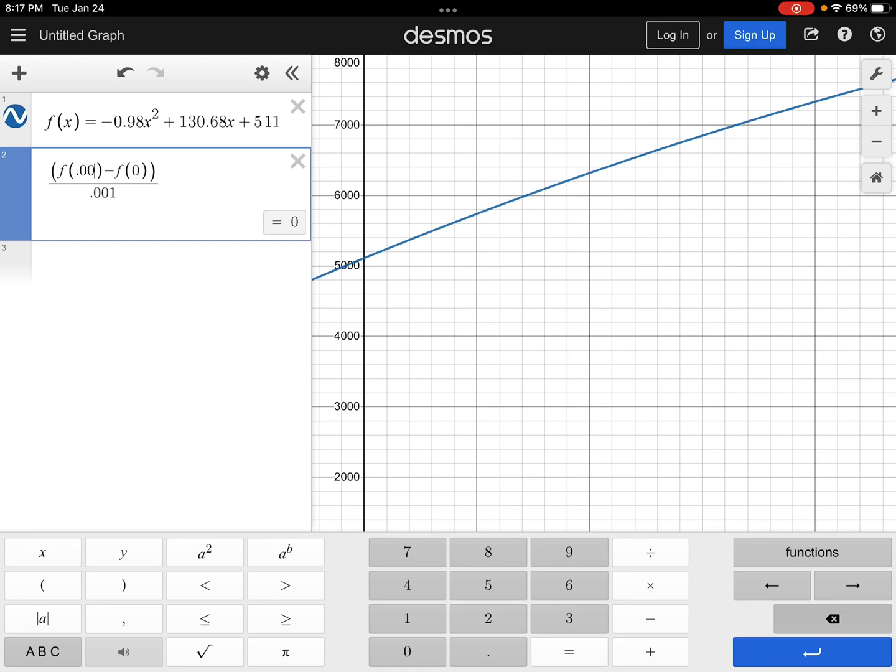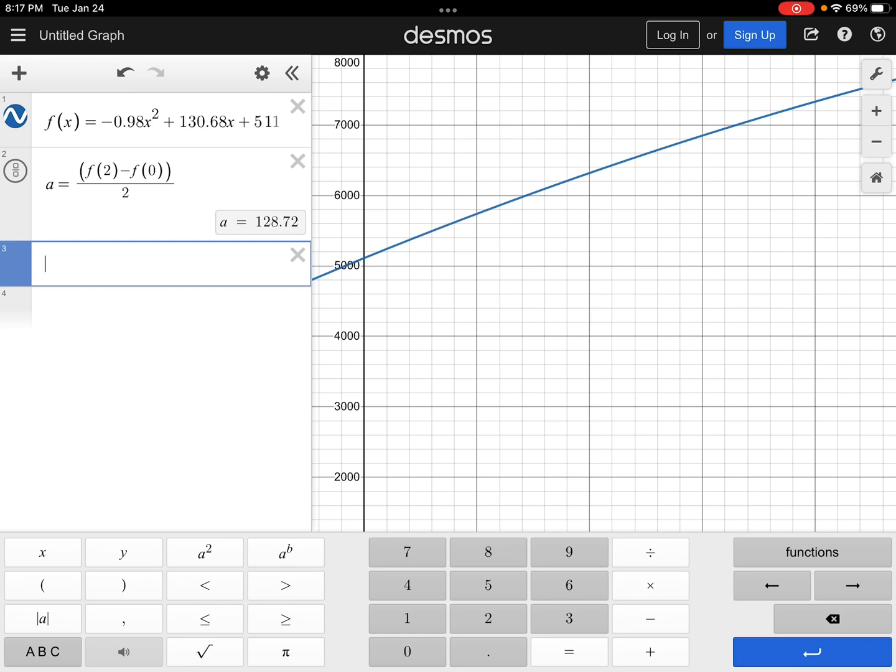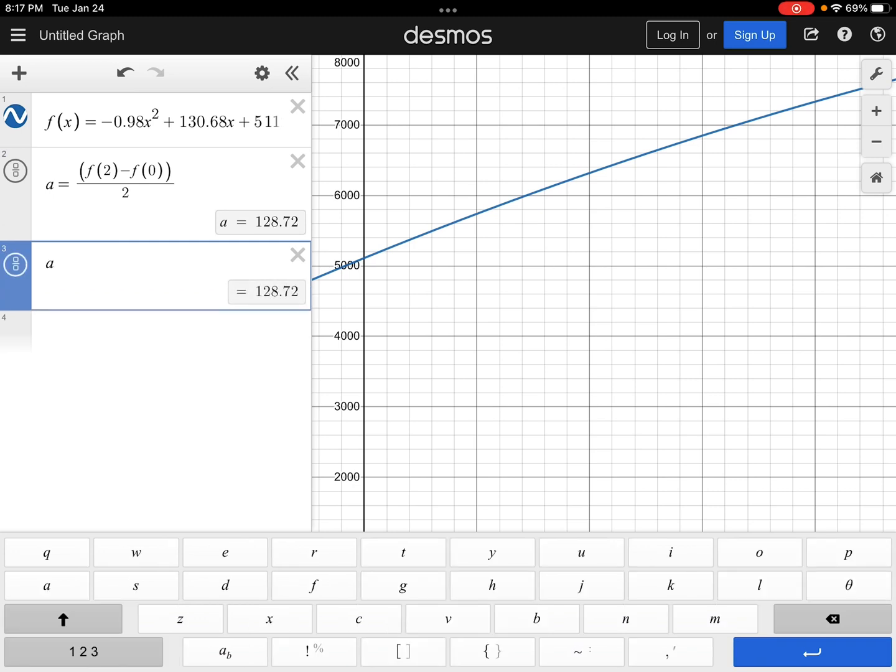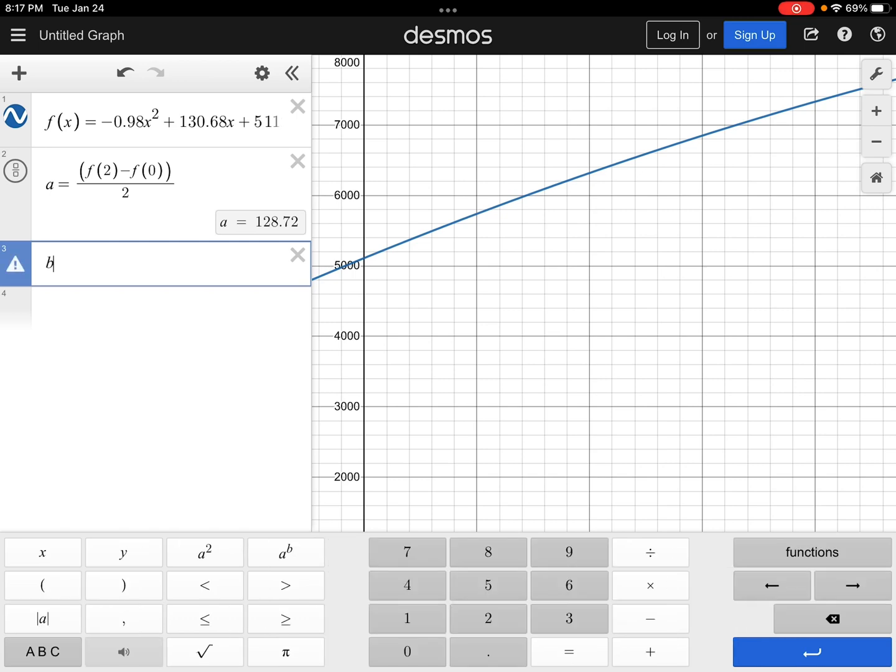And so I'm going to change out some numbers here, because why not reuse what I've already typed in? I'm going to have f of 2 minus f of 0, divided by the change of 2. And I get 128.7. And I'm going to call that value A. We're going to show off some tips and tricks. Now we're going to call this one B, and B is going to be the same thing.